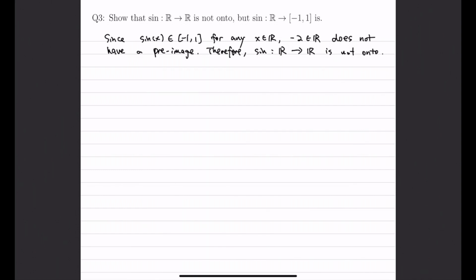However, if we replace the codomain by the interval from -1 to 1, then this function is onto.